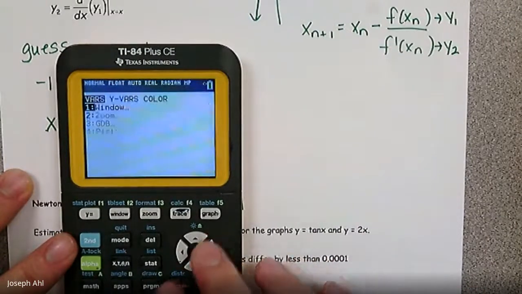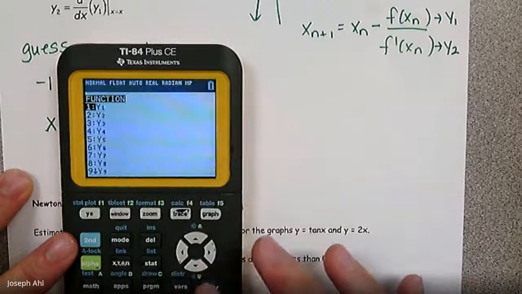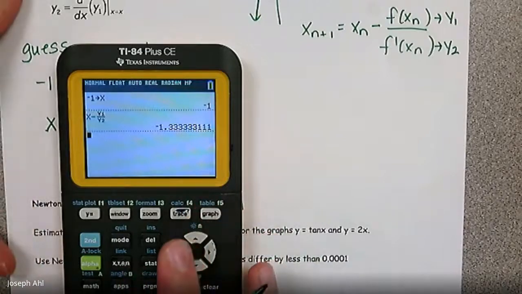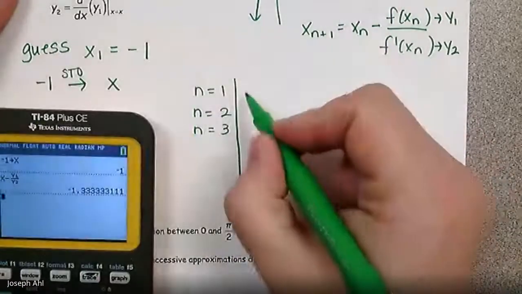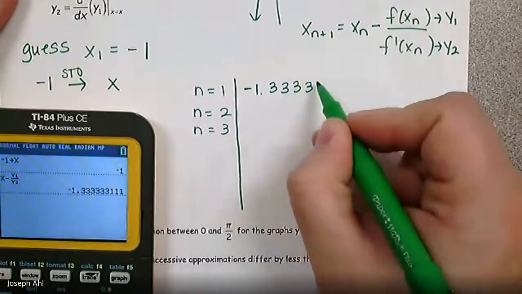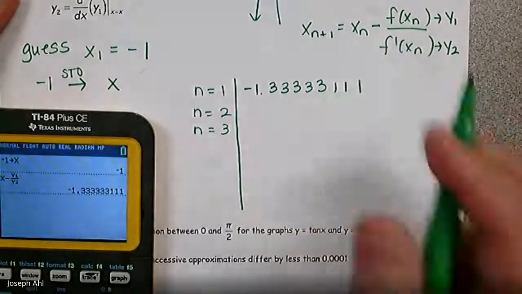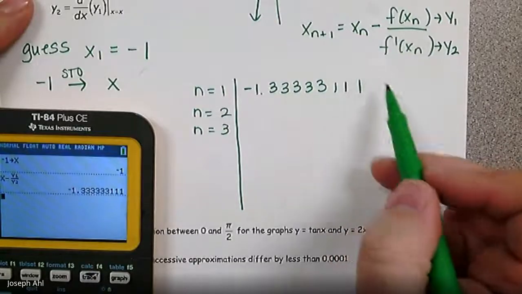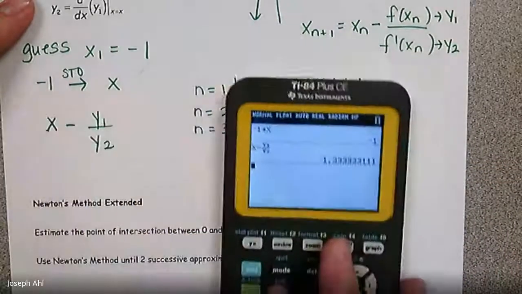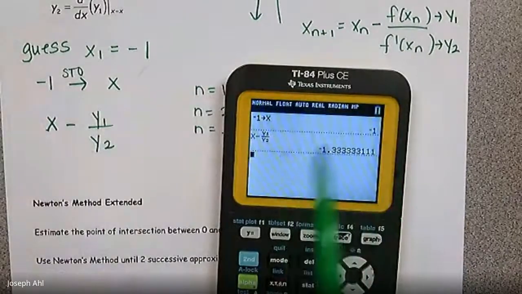Same thing in the bottom: vars, y vars, enter for function, enter for y2. Okay, my new value here is 1.33331. And I want to keep going with this until the difference between two approximations is less than 1/10,000th.